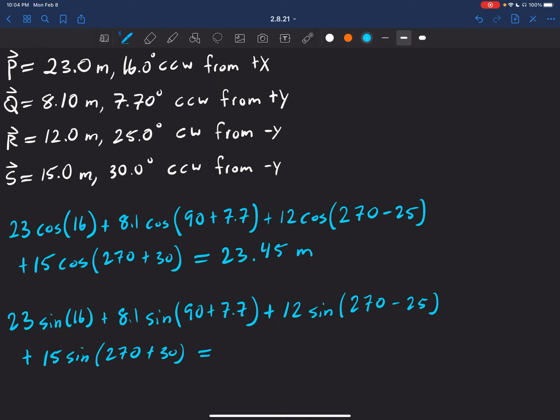And that's going to give us about negative 9.499 meters.